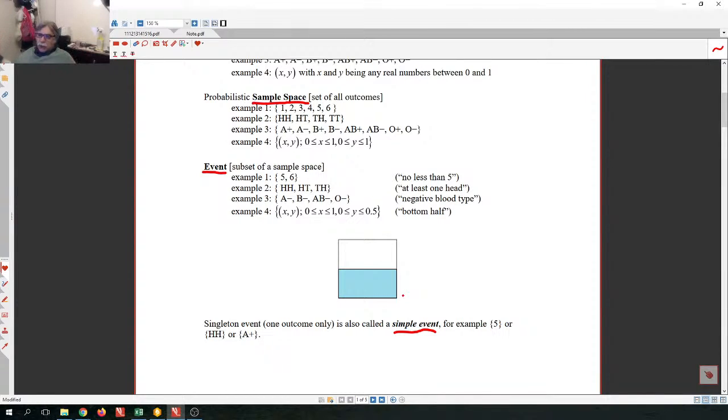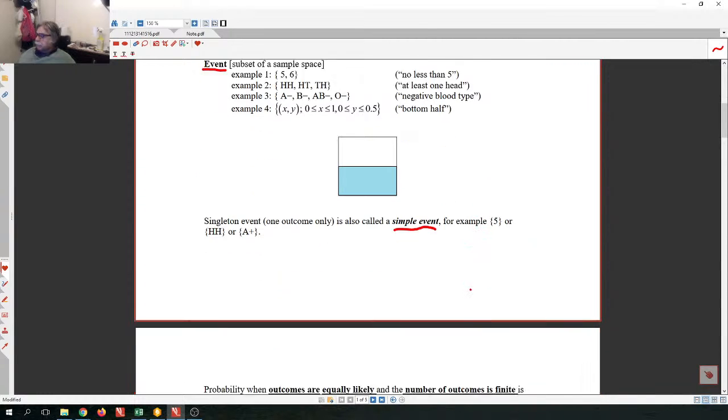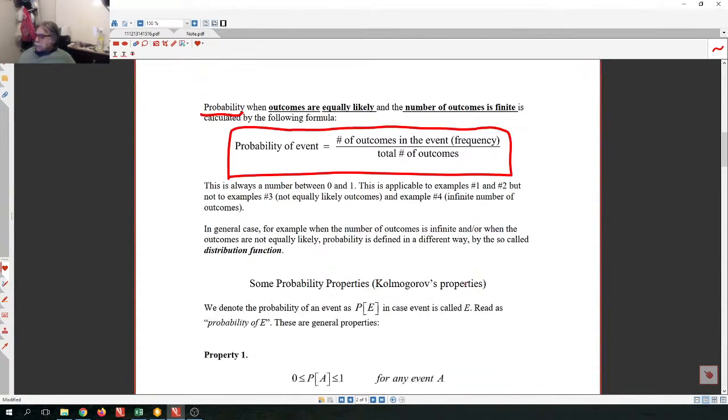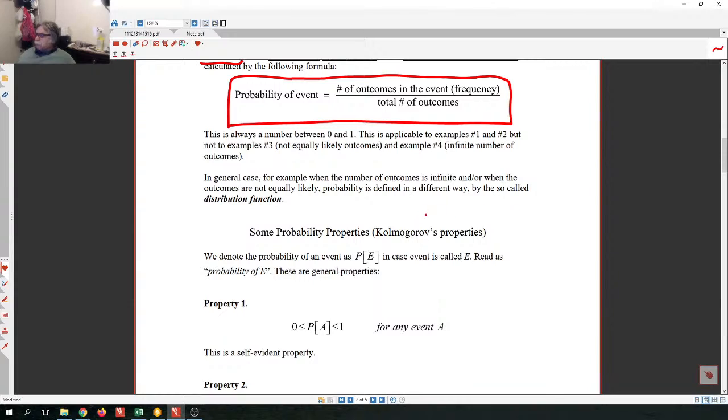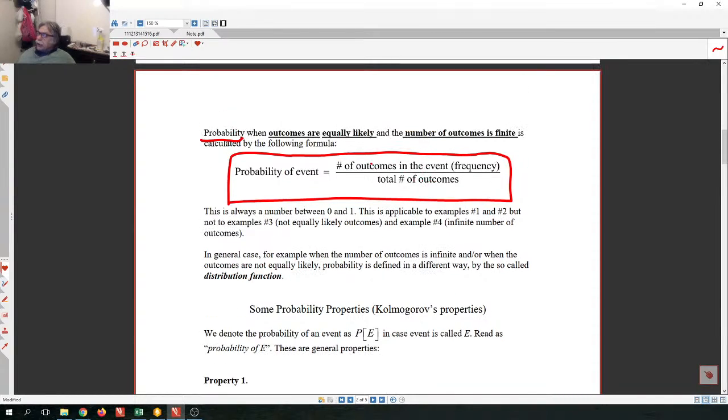Now you could use something else, but probability has to have certain properties. Again, if you cannot have equally likely outcomes, like in the blood type example, or if you cannot have the number of outcomes finite, like in that 1-by-1 square, when you have infinitely many points, then you cannot use this formula.